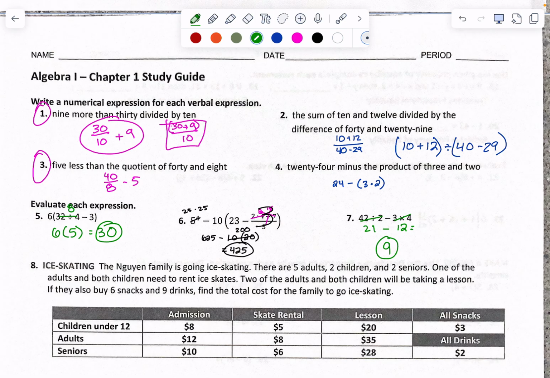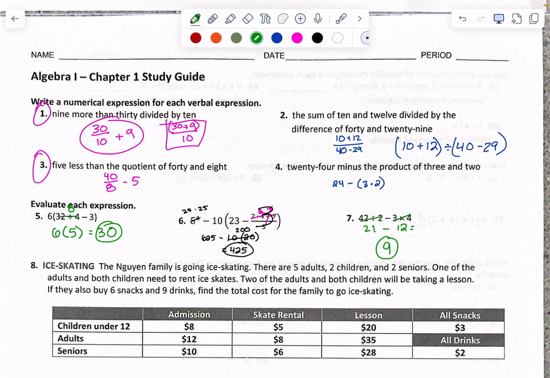Am I the only one? I just typed this one. I was thinking of 22 and 12, and I was like, oh, duh. I started with 21 and 12 in my brain. Okay, 30 and 9, is that what we got?